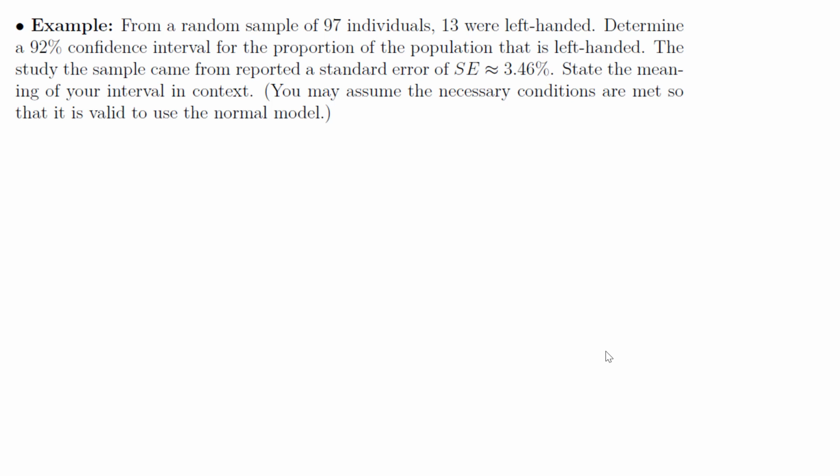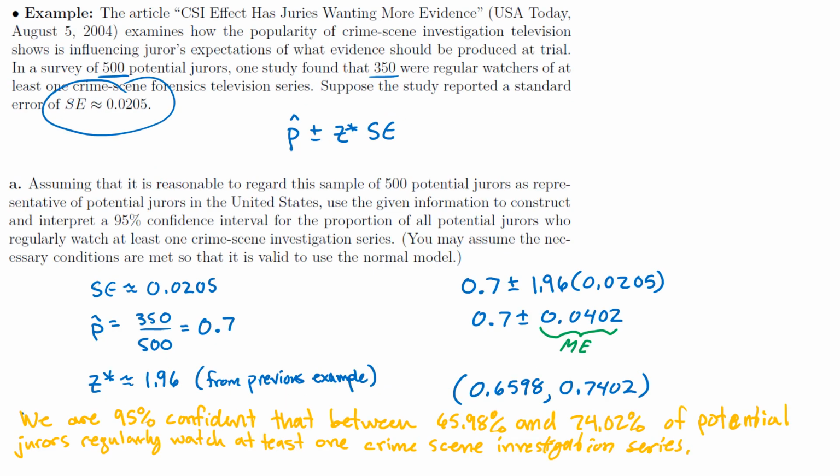So there's a couple little traps in this one that I wanted to point out so that it doesn't bother you when you go to do homework and things like that. First off, when it says the standard error is 3.46%, let's understand that in the previous problem, if I go back, we talked about the standard error being 0.0205, understand that that meant 2.05%, right?